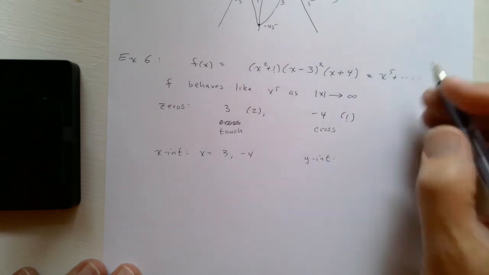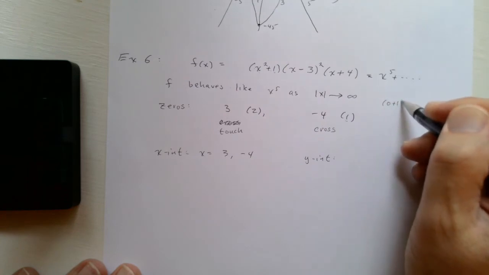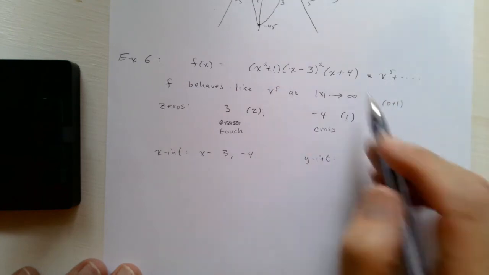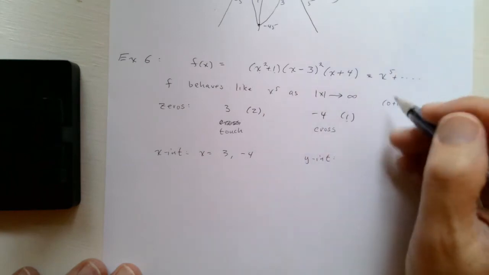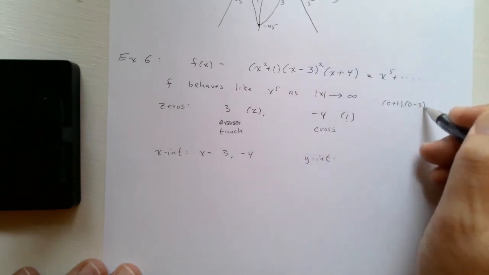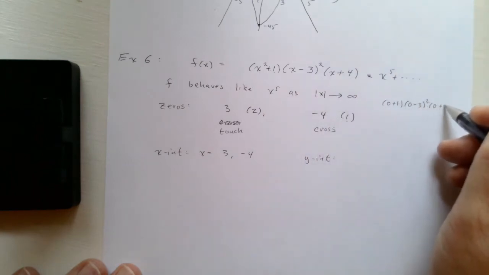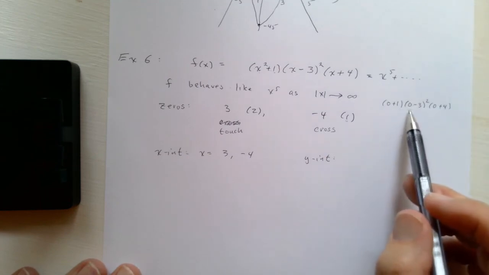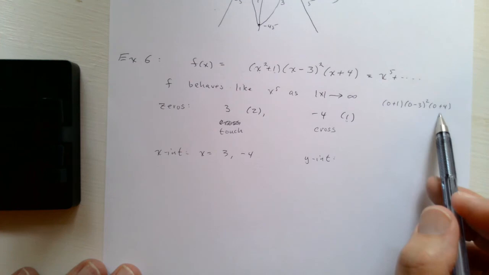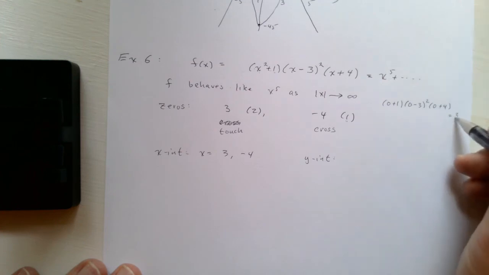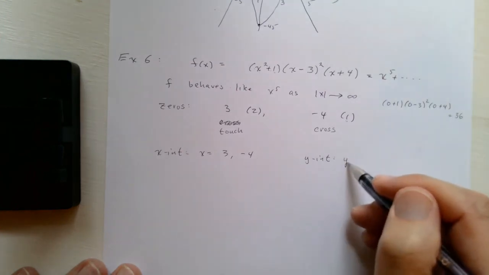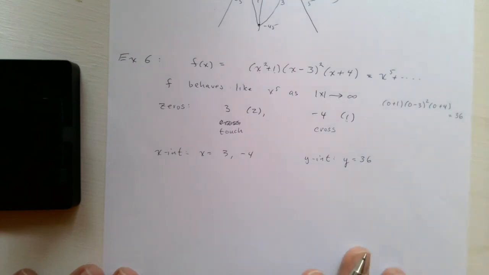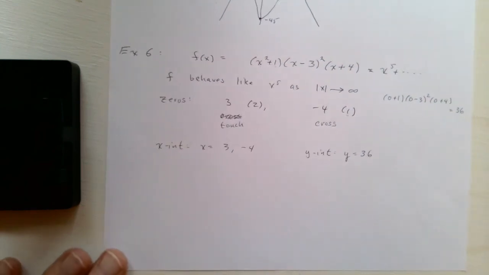Plug in x equals 0. We get 0 squared plus 1, 0 minus 3 squared, and 0 plus 4. I think this is going to be 1 times 9 times 4, which is 36. So y equals 36 would be the y-intercept.